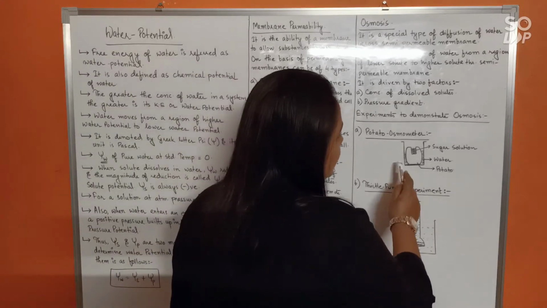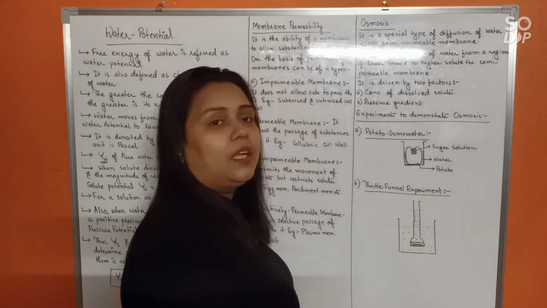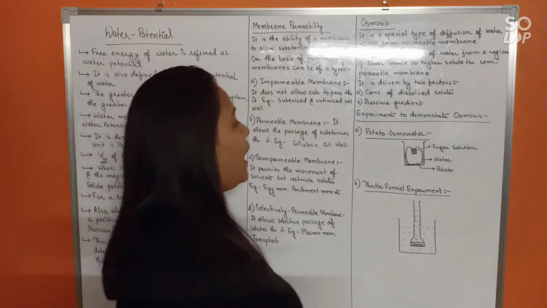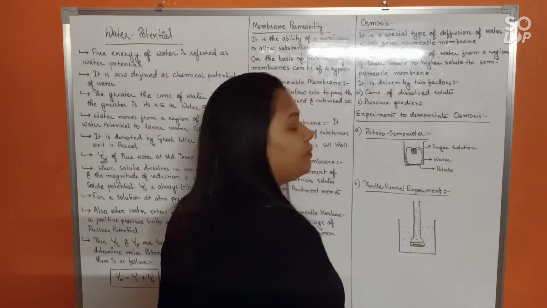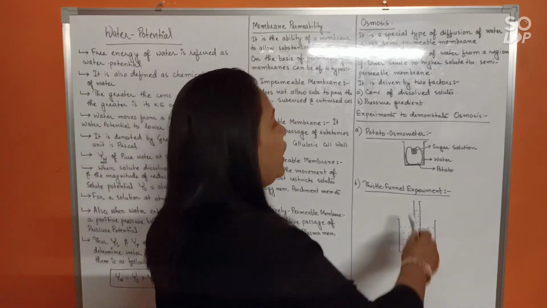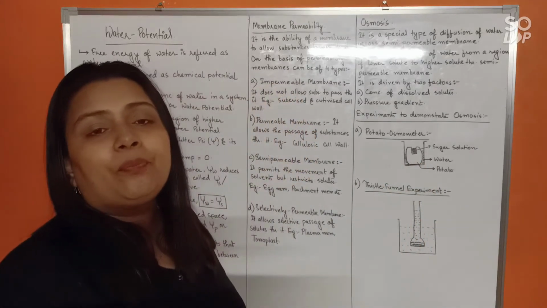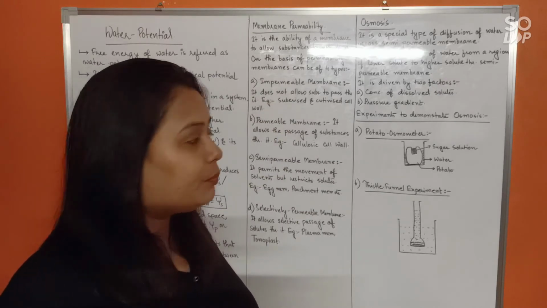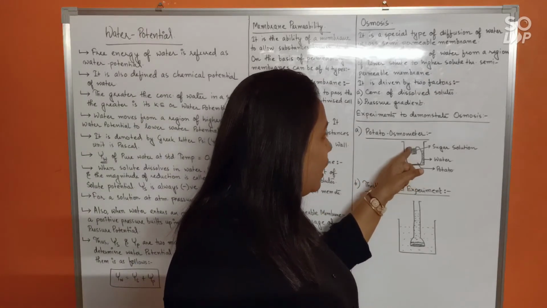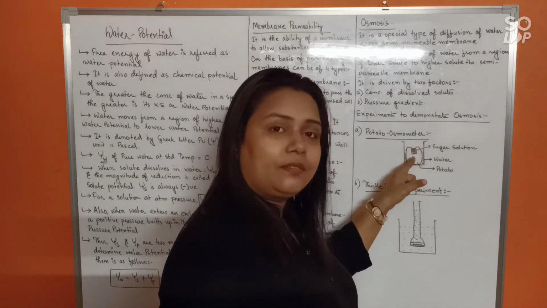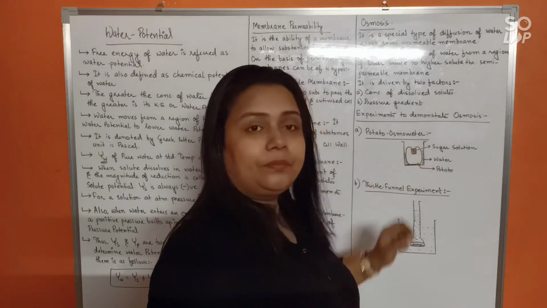In this experiment, we take a clean glass jar and we fill it up with water. Now, we introduce in this jar a laterally peeled potato, which will have a dug pit in the middle.